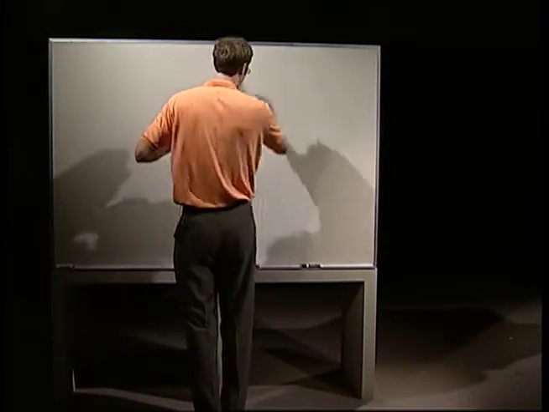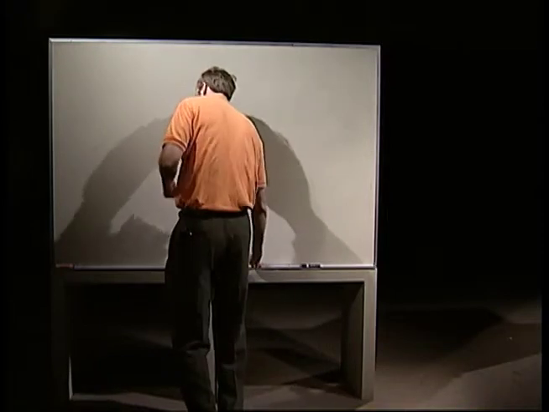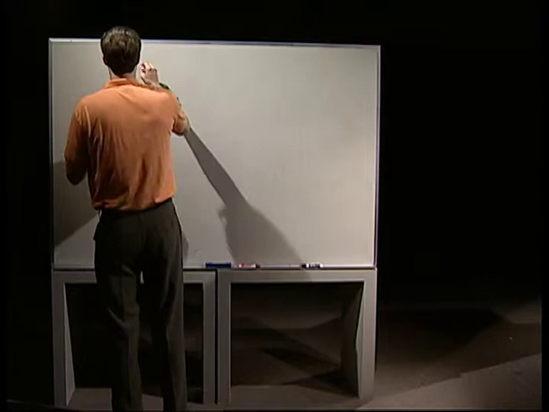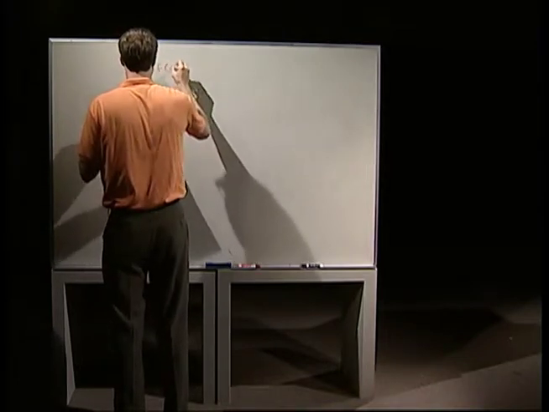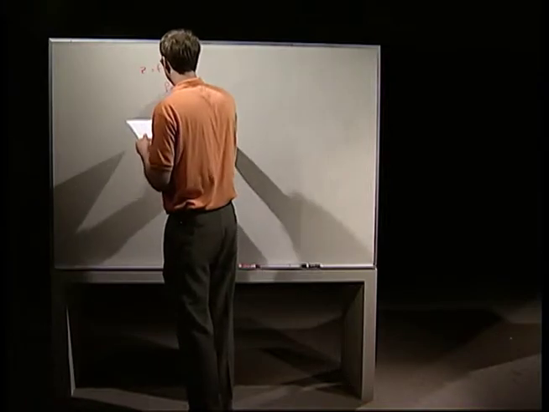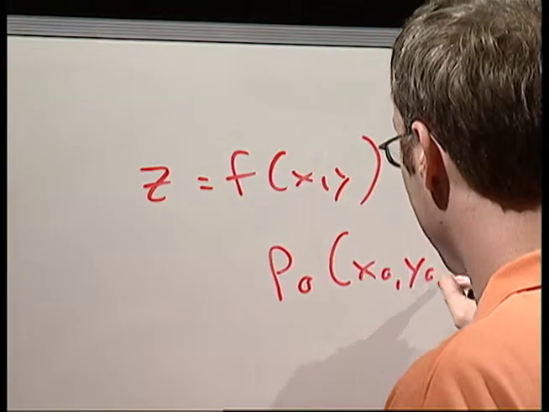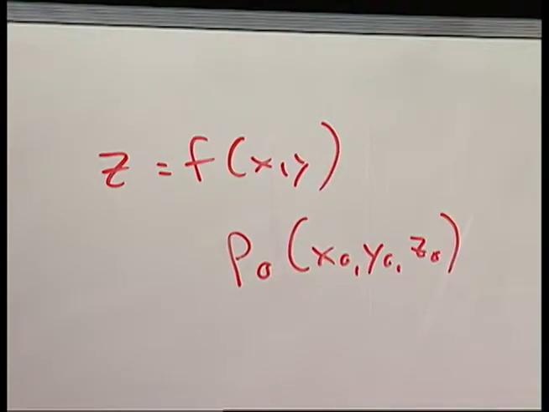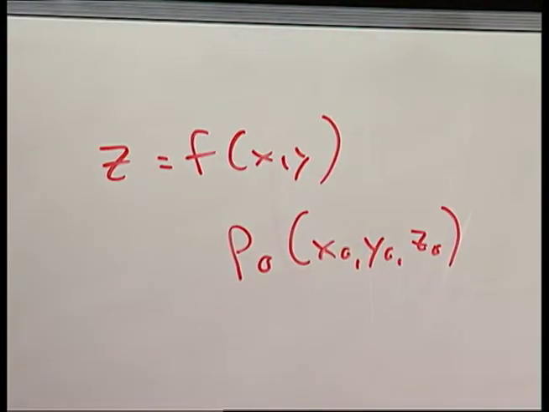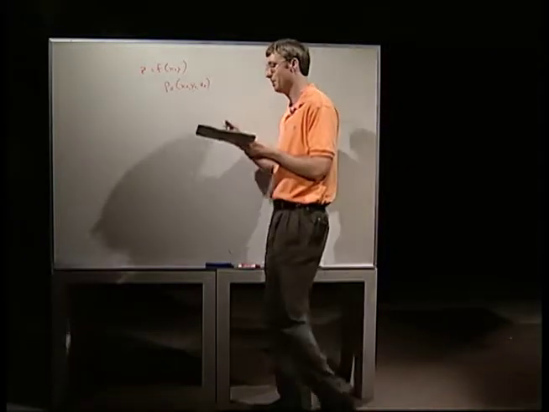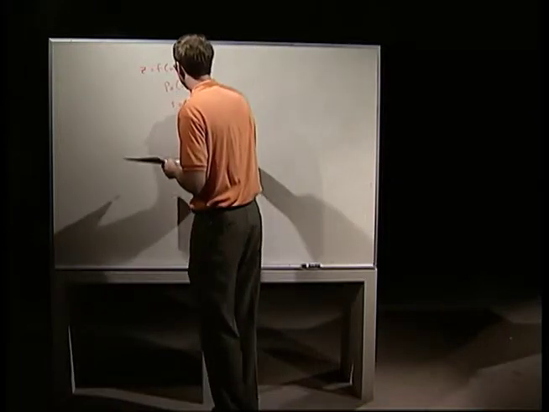The development is really rather similar, though we have to involve some partial derivatives here. So here's a surface, f of x, y, and let's give it a point, x naught, y naught, z naught. Right? The tangent plane, one thing about it is it contains the tangent line to any space curve that lies on the surface and passes through p naught. So let me say that in writing.